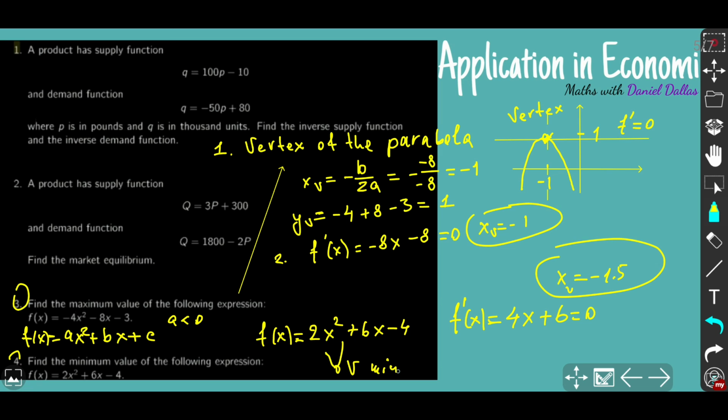And we need to find the y value, so just simply plug -1.5 into the equation, so we'll get 2 times 1.5 squared and minus 6 times 1.5 and minus 4. Okay, so what I got, y vertex is negative 8.5, and that becomes the minimum value. Okay, one more time. So that's the minimum value of the function.